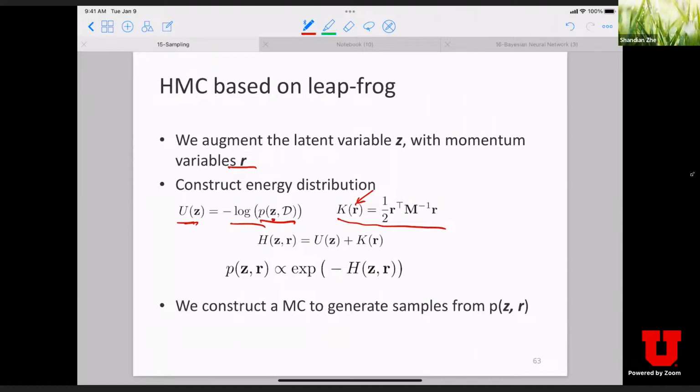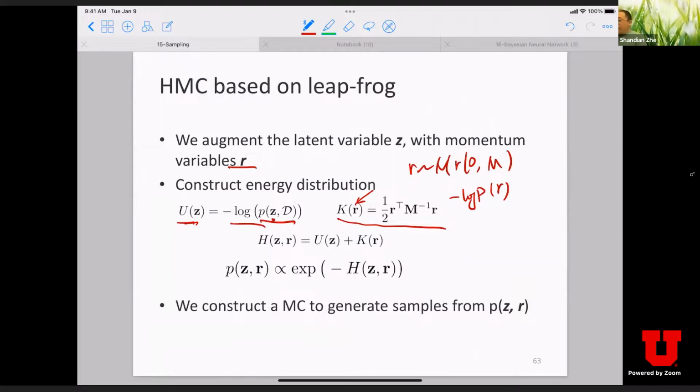The kinetic energy essentially corresponds to some Gaussian distribution with the covariance matrix M, right? And M is really taken to be diagonal in practice. And this kinetic energy is also the negative logarithm of the prior of the distribution of R, right?